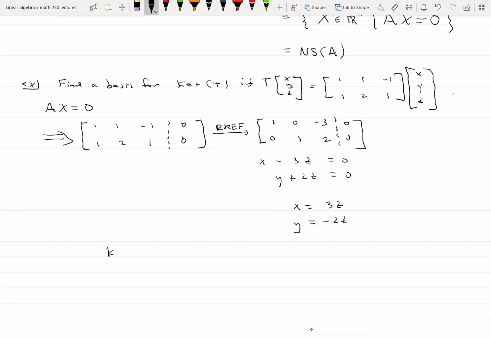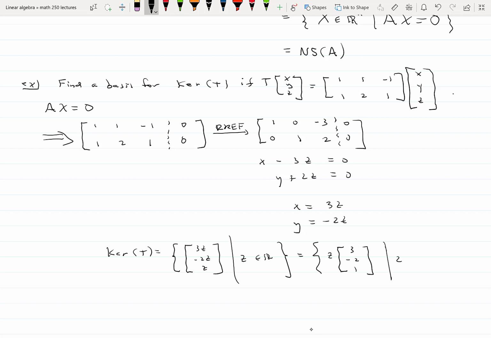So the kernel of T is the set of all (3z, negative 2z, z), where z is the free variable, z is in R. With the z, I can factor it out: z times (3, negative 2, 1), such that z is a real number.